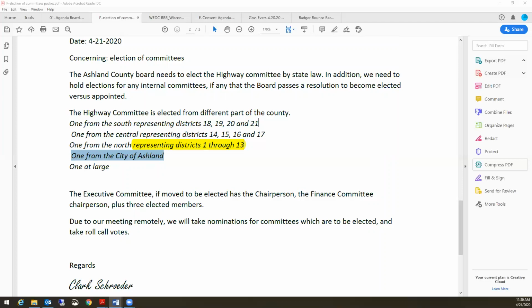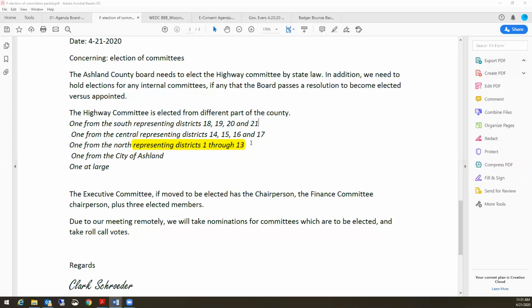Are there any more nominations? I would like to nominate Martin Vitek for that position. I don't think Ashland, I'm in that district. Yeah, he can't come in there.